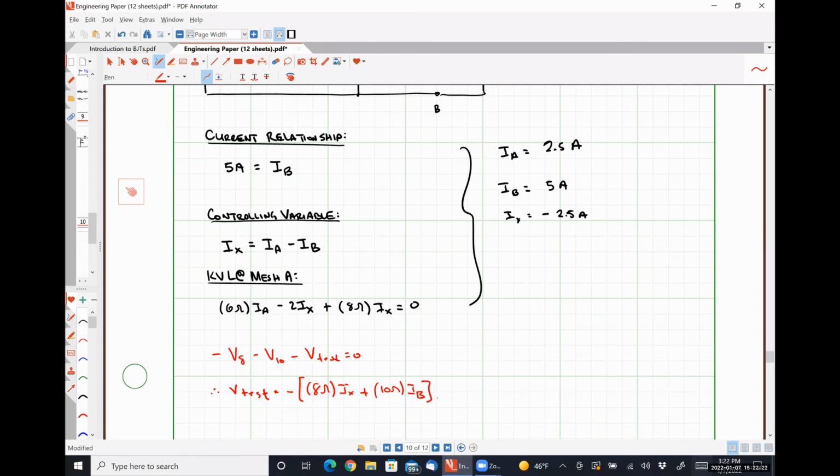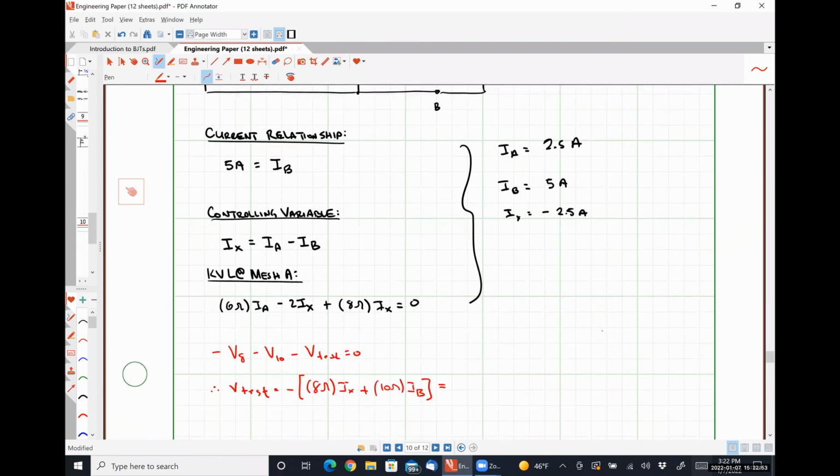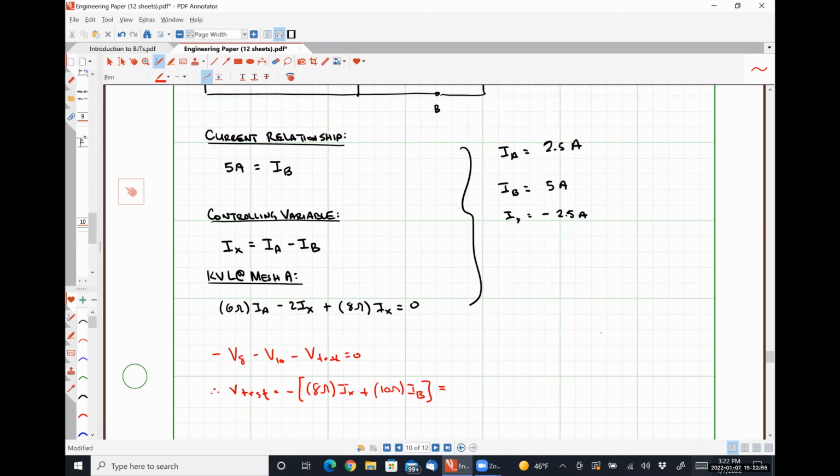Or I've distributed the negative sign out at the front. And so that's going to be negative eight times negative 2.5 plus 10 times positive 5. Did I do that? Let me make sure I got all my signs right here.